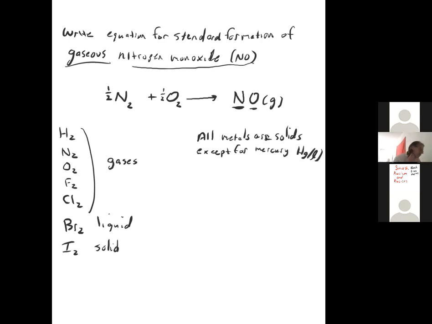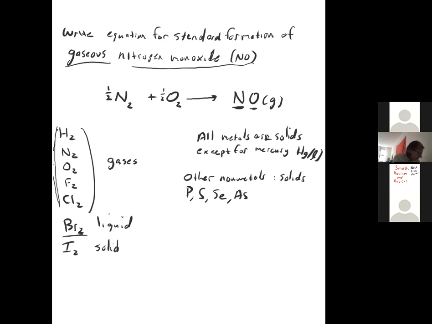It's a liquid, okay? And then what about the other nonmetals? So what are the other nonmetals? P, S, Se, right? As, those are your nonmetals. They're solids. Okay, so these 5 are gases.